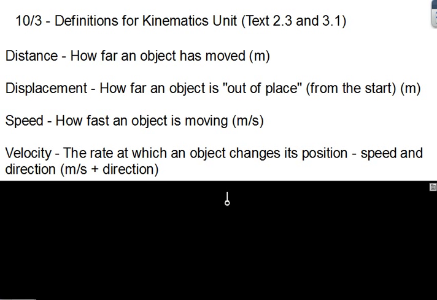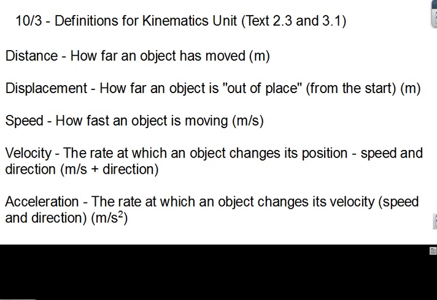It may be forward or backward or to the right, to the left, something like that. But it's the rate at which an object changes its position, which is why when you walked down the hall and then back, your velocity was 0 because your position, your displacement was 0. So go back to that idea of displacement.